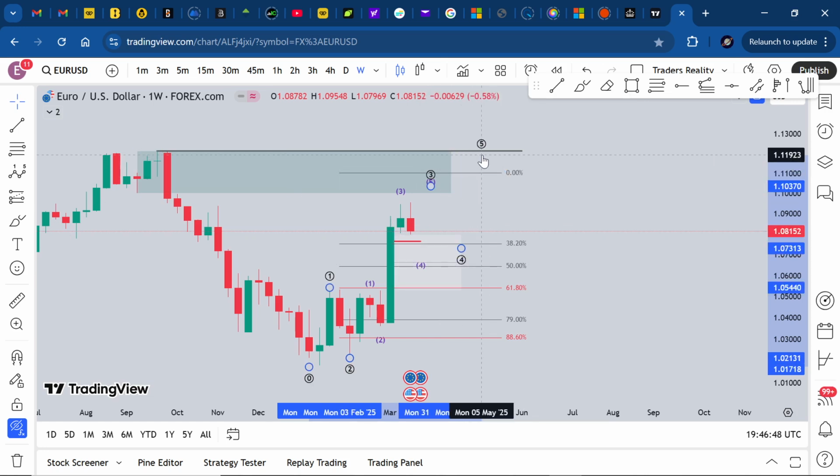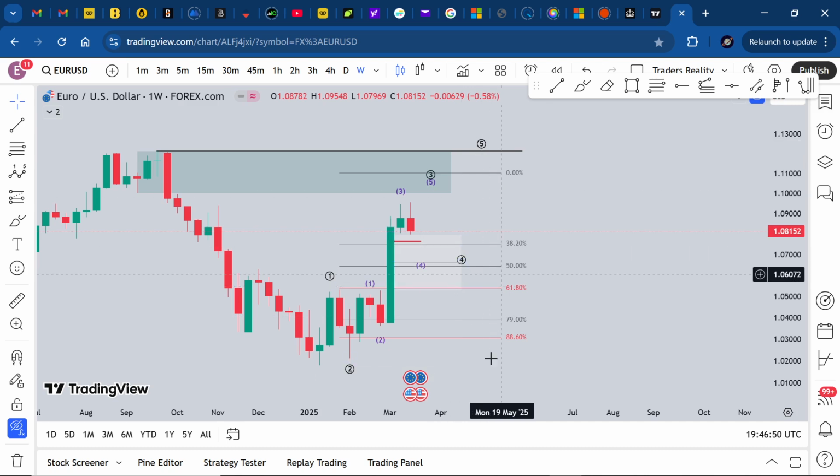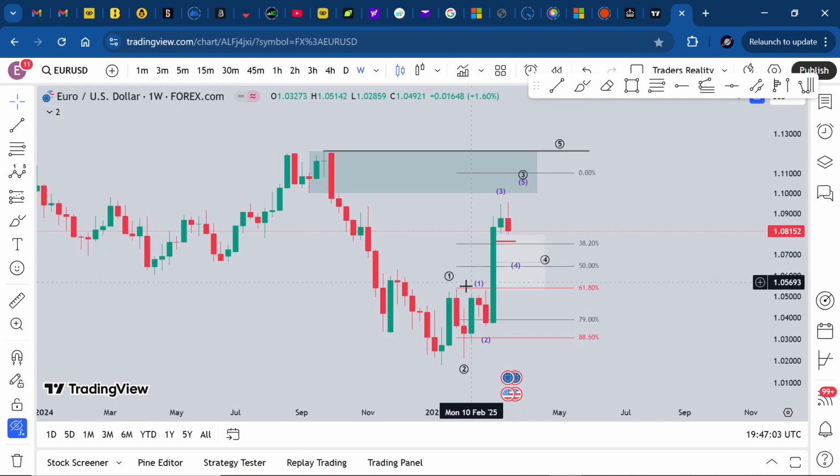That will invalidate it. Doesn't mean we're not going up, it just means there's a different count. So then it could be a zigzagging 1, zigzagging 2, zigzagging 3, zigzagging 4, zigzagging 5, correction, and then carry on up.